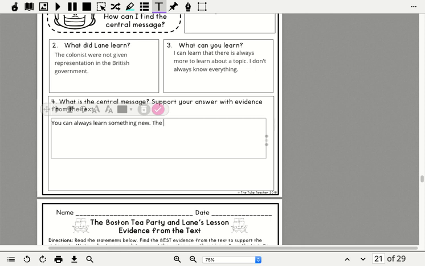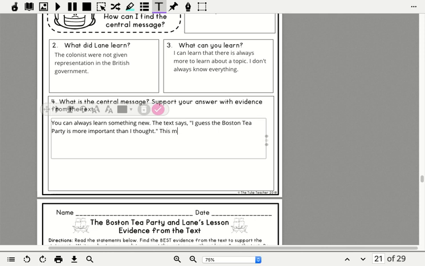So the text says, okay, now I'm going back. I think when I go back, I look at it and I think the biggest sentence that supports this is the last sentence where Lane's like, I guess the Boston Tea Party is more important than I thought. So now I have to explain why I chose that text evidence.